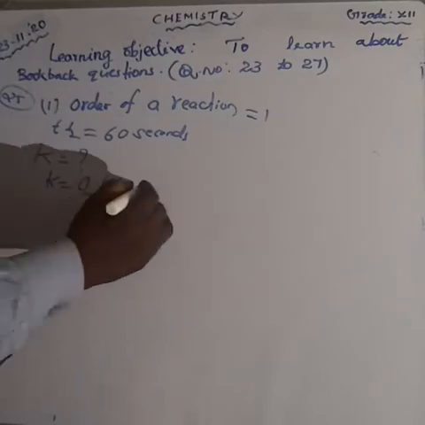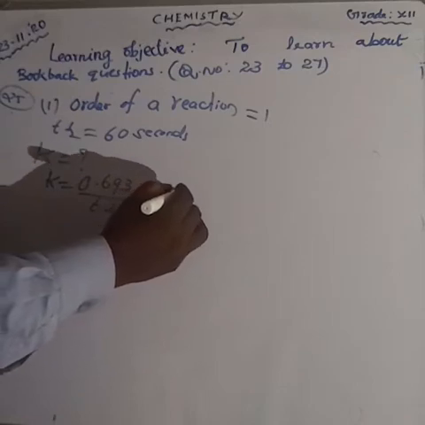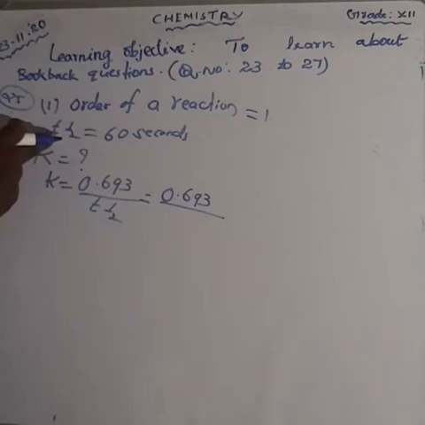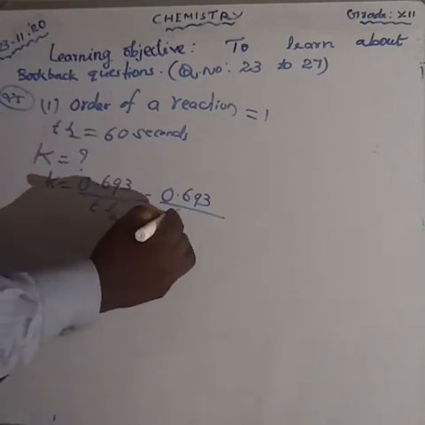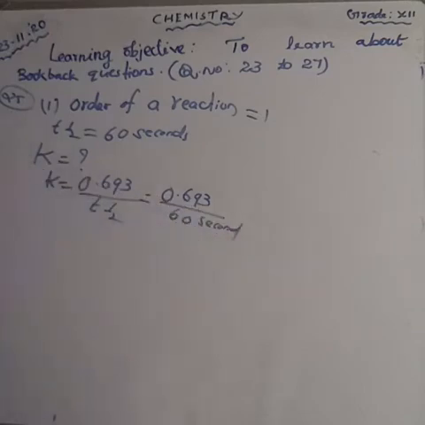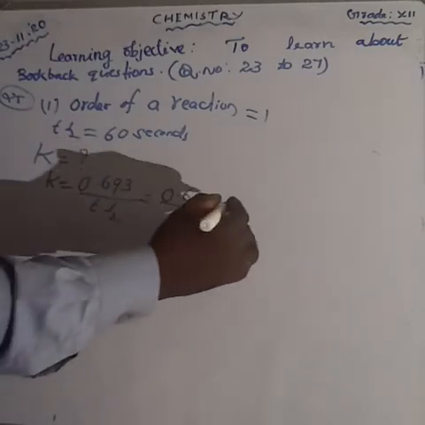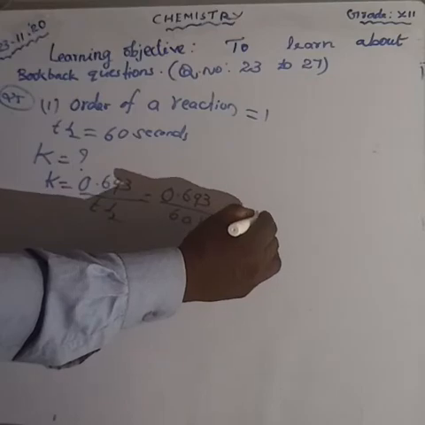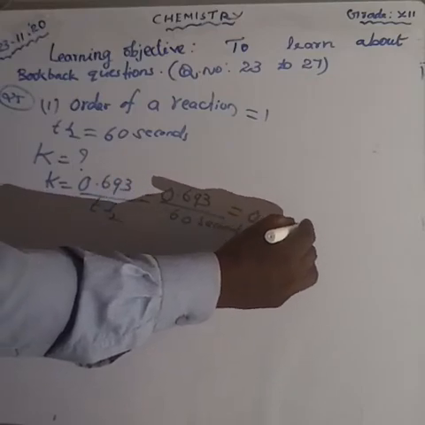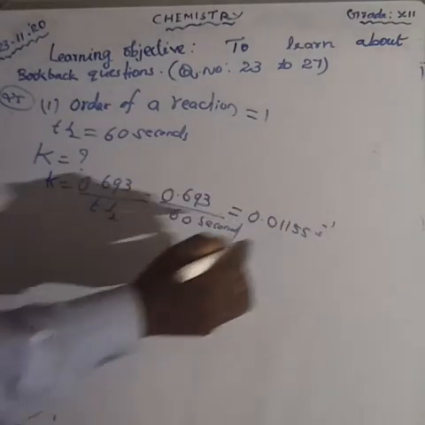Then we have to calculate 0.693 divided by the T half value, 60 seconds. So we get the value 0.01155 second inverse.